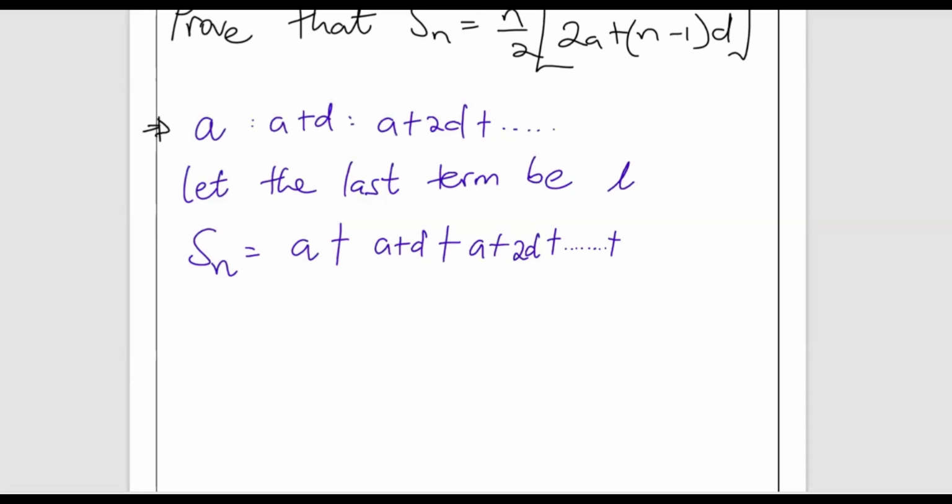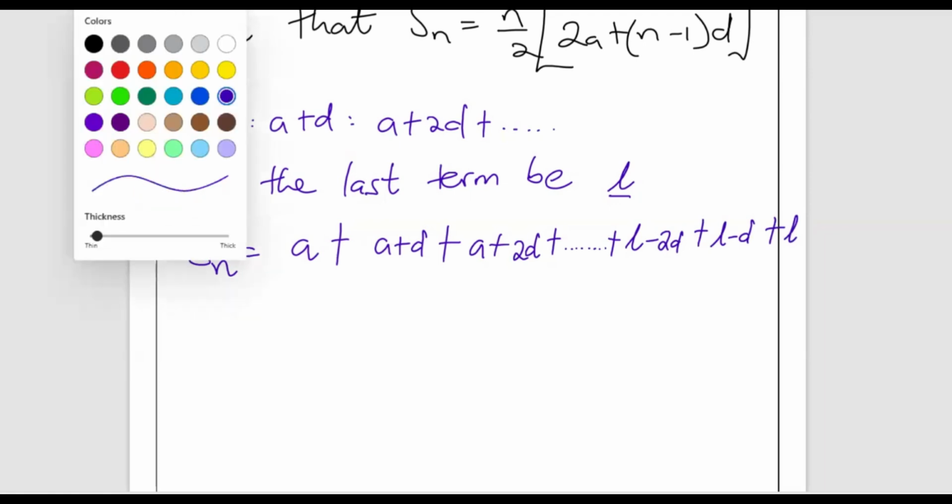But now we said that the last term will be L, which means the second last term will be L less d. And then the third last term will be L less twice d. So I'll have L minus 2d plus L minus d. And then lastly, I'll have the L.